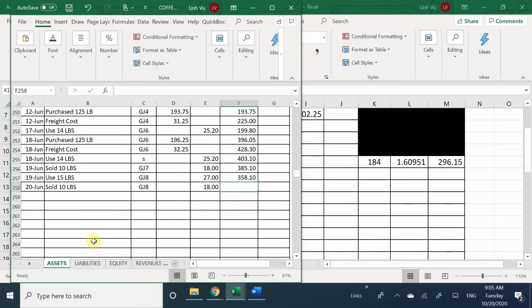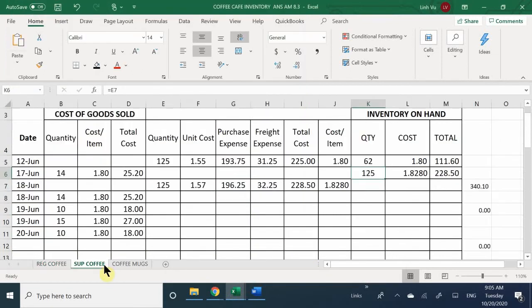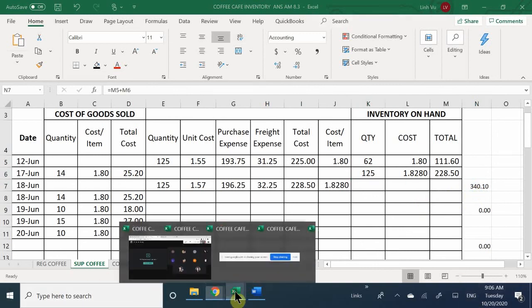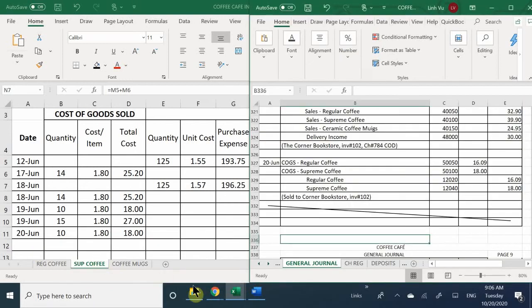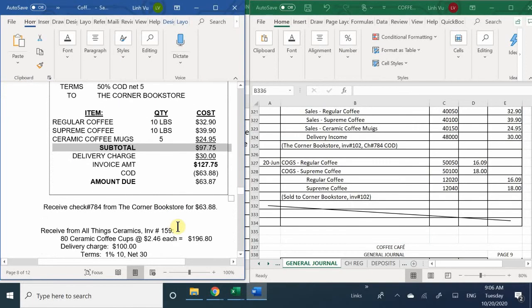Which should then bring my balance to be? 340.10, which is exactly what we solved here in our inventory worksheet. 340.10. Okay. All right. What next?